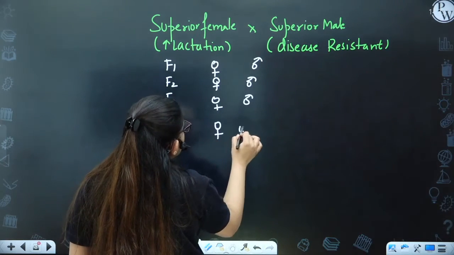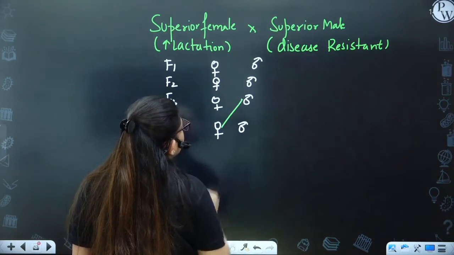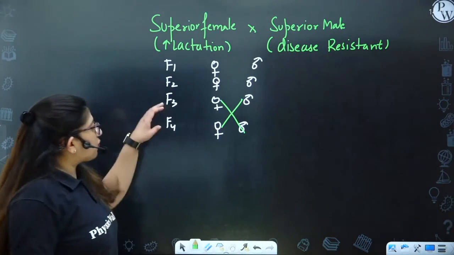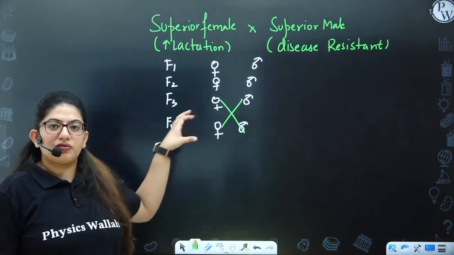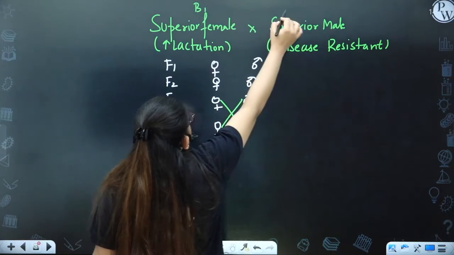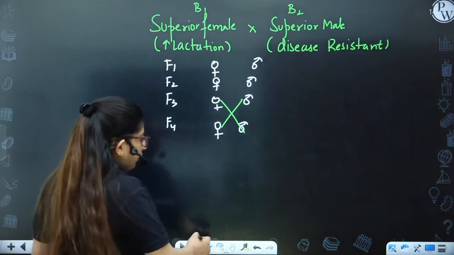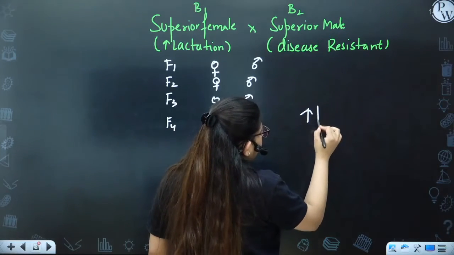Now we are letting these two mate, within 4 to 5 generations. The mating is within 4 to 5 generations, and they all belong to breed B1. The breed is the same. So what happened while doing this? Homozygosity is increasing.